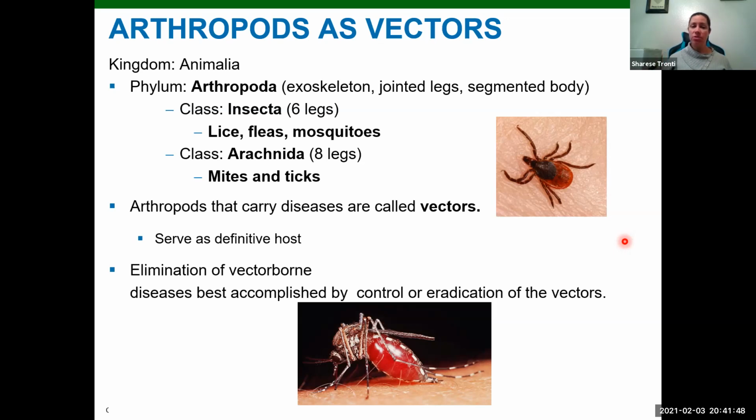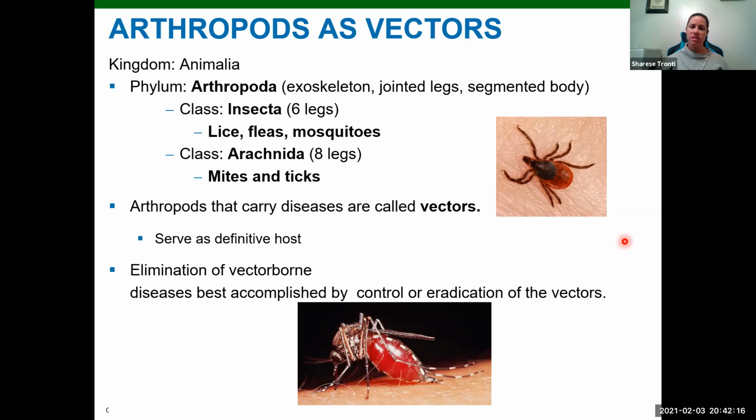If the pathogenic species replicates inside of the vector and it's undergoing sexual reproduction inside the vector, then the vector will serve as a definitive host. What we see is quite often one of the easiest ways to control a vector-borne disease is to control the vector itself.